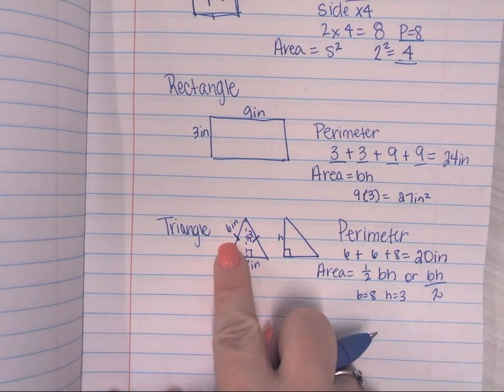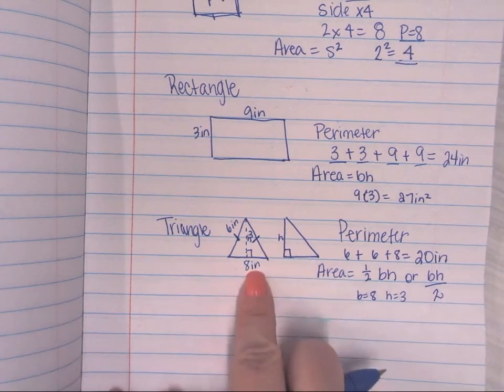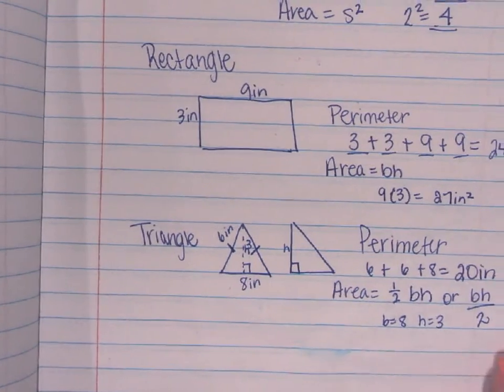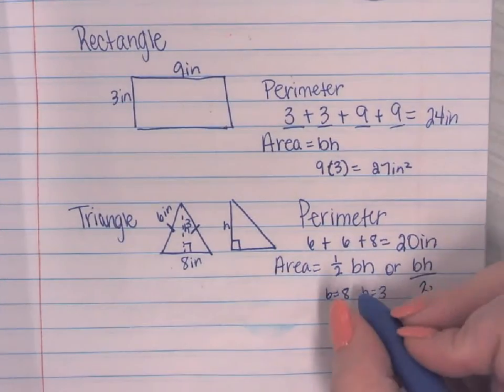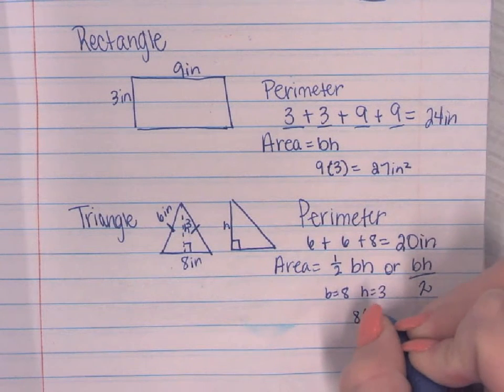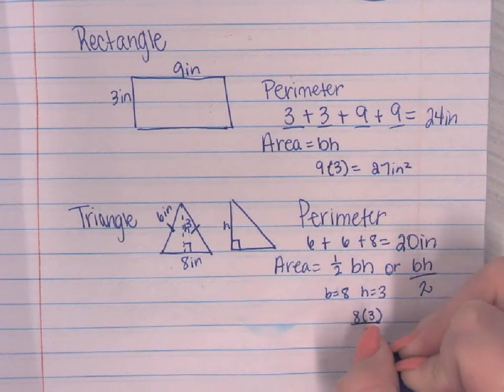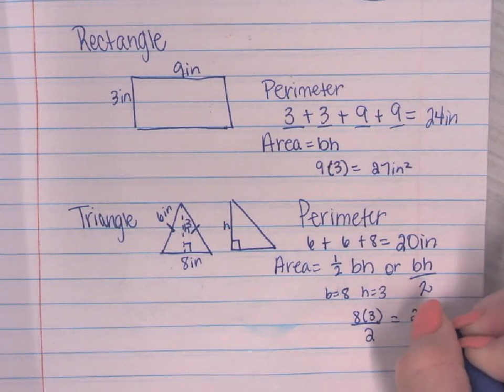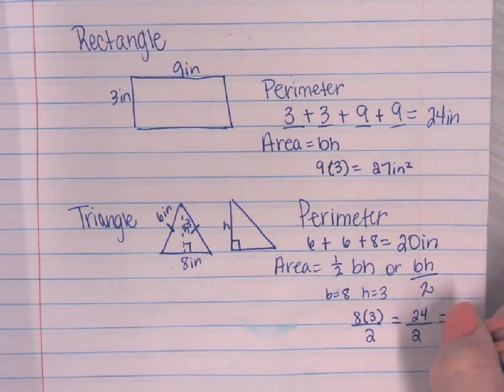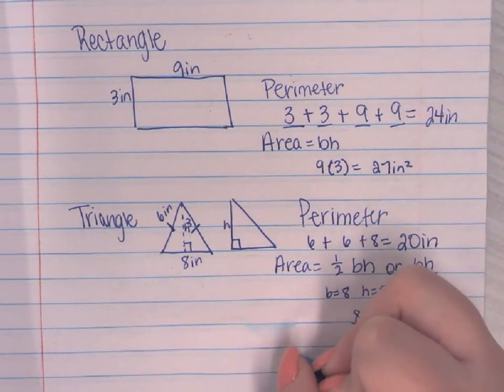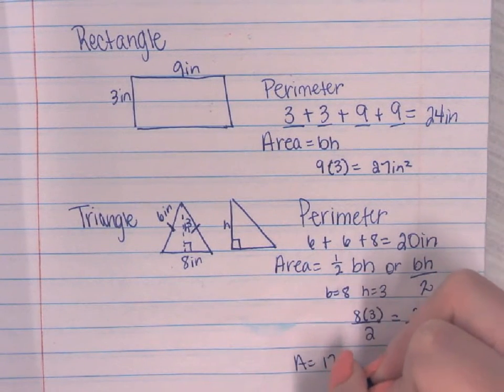Some people might want to put 6, but you remember your height has to be right next to a right angle, and that one is 3. So I would do 8 times 3 divided by 2. 8 times 3 is 24, divided by 2 is 12. So my area is equal to 12 inches squared.